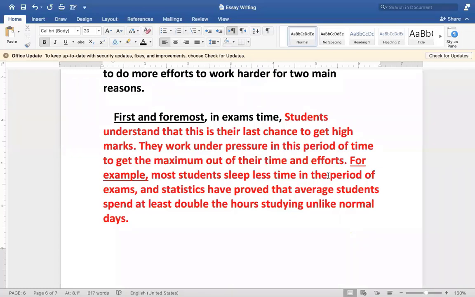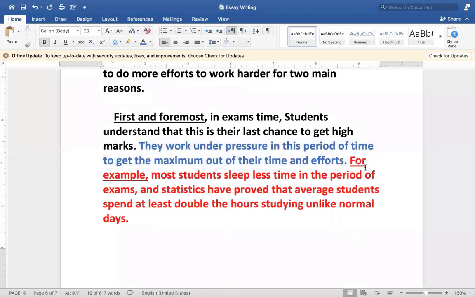Yes or no? Most students sleep less in this period of exams, and statistics have proved that average students spend at least double the hours studying unlike normal days. So, what do I have here? At the very beginning, I have the topic sentence. In the middle, what do I have? I've got the supporting sentence.